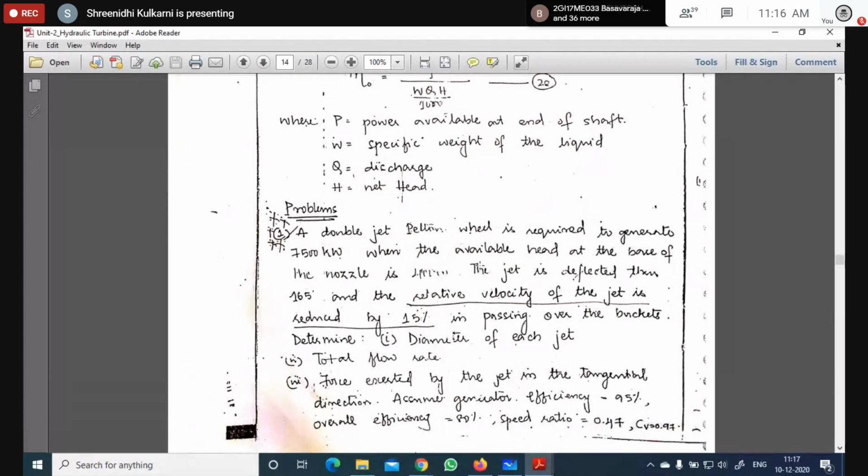The jet is deflected through 165 degrees.